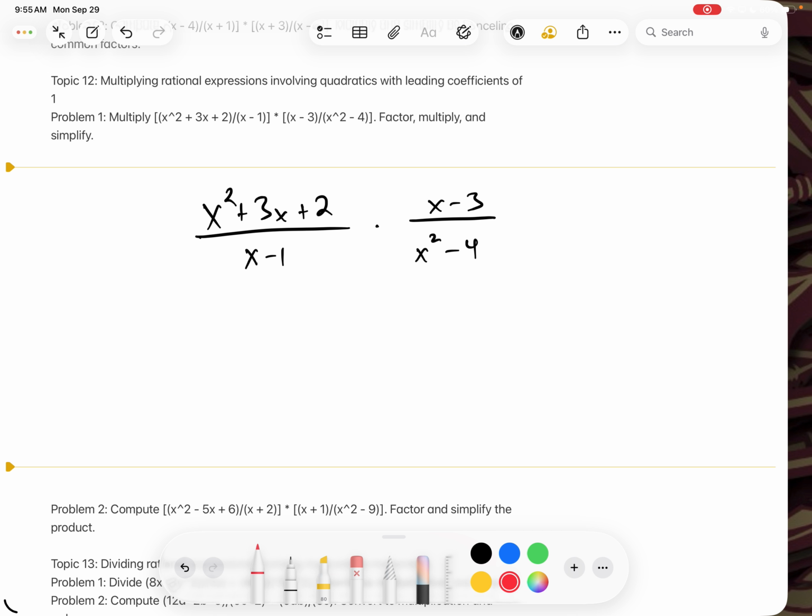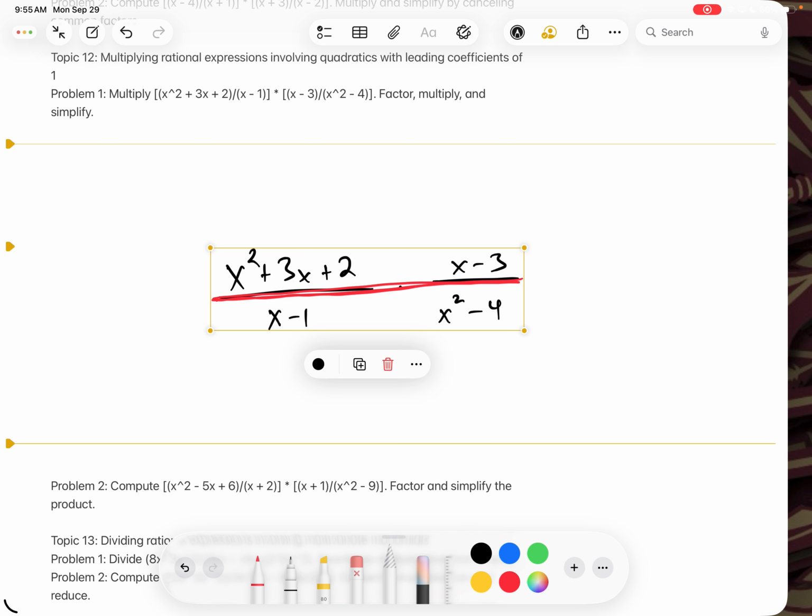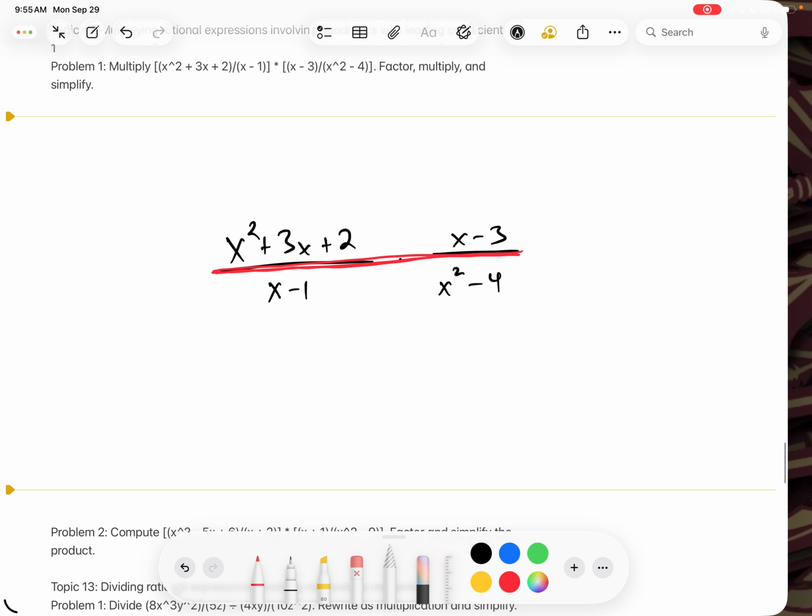Okay, so on this one, again, you got the top, the bottom. You got 4 different things to look at here. So you simplify everywhere you can. In the upper left, I have x squared plus 3x plus 2.